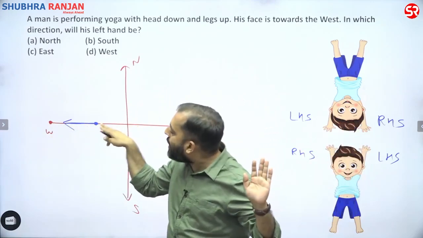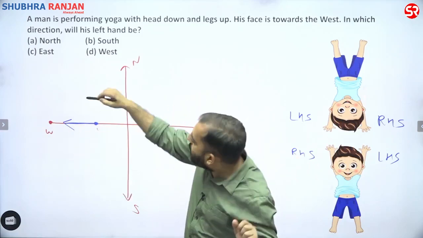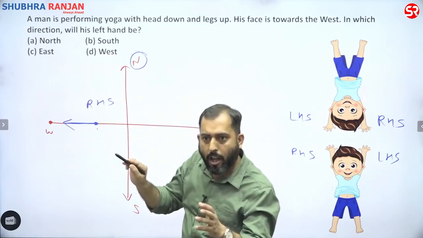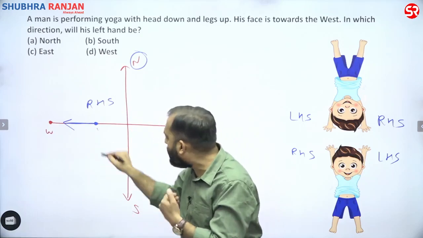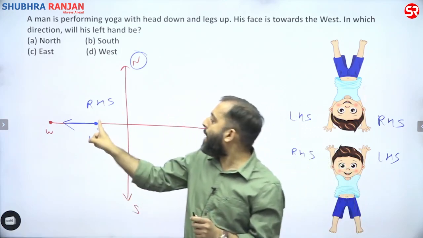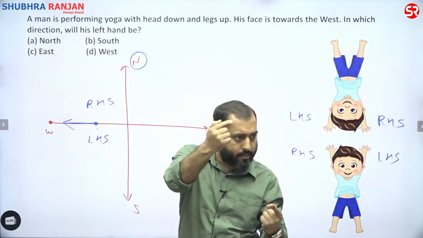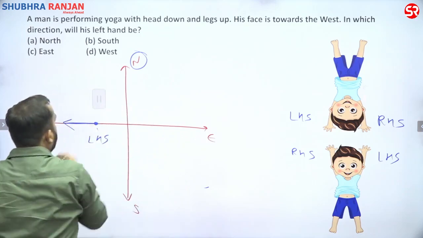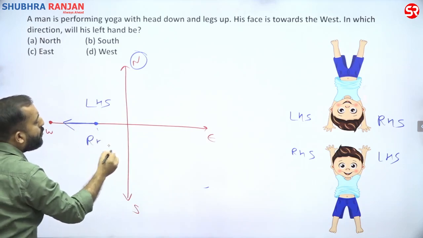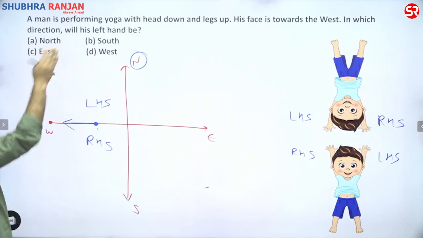Then towards your right hand side, north will fall, and towards your left hand side, south will fall. Now, if you make this person upside down, then this right and left will get interchanged. So this will become the left hand side and this one will become the right hand side. Now, these are the conditions of the given question.